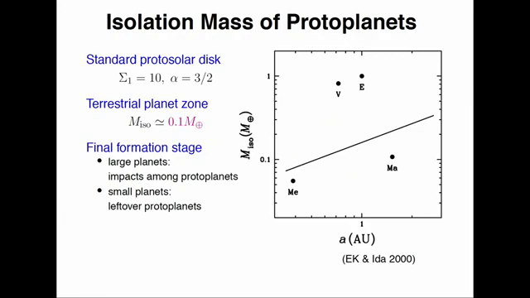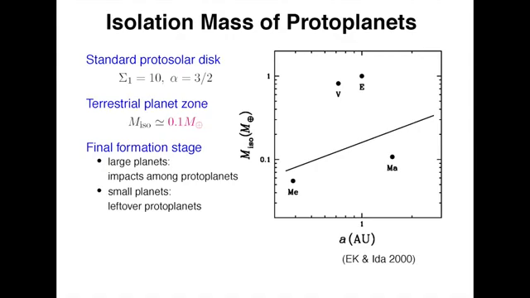Which is far smaller than the masses of Venus and Earth, but it's as high as those of Mercury and Mars, right? So from this figure, we infer that to complete large planets, we need more collisions between embryos. But maybe Mercury and Mars are leftover embryos, protoplanets.